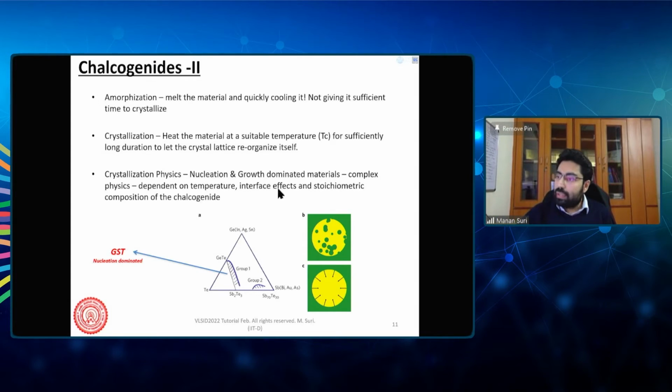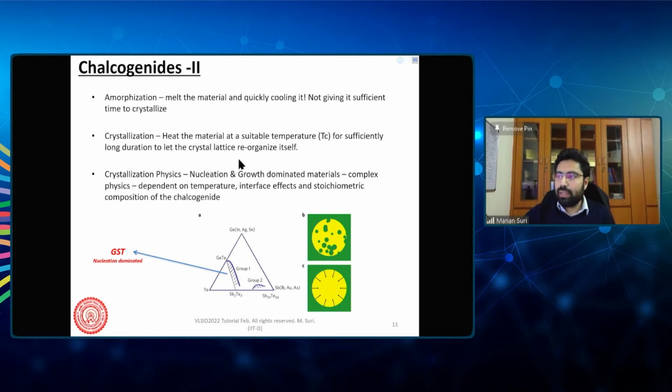There is another class of materials known as growth dominated. What it means is that whatever few nuclei are there, they would grow into a complete crystal structure, and they would predominantly crystallize because of the growth of the nuclei and not because of the number of the nuclei. For crystallization, both these processes need to go hand in hand.